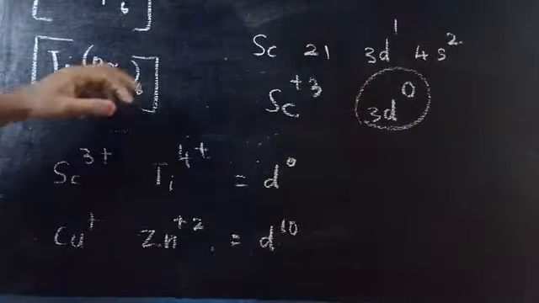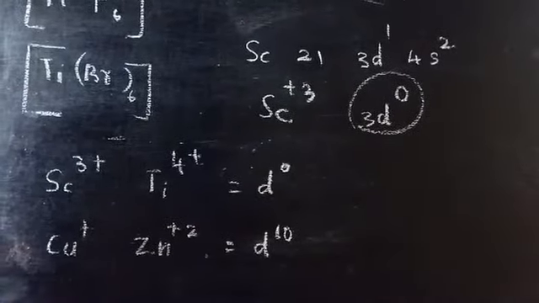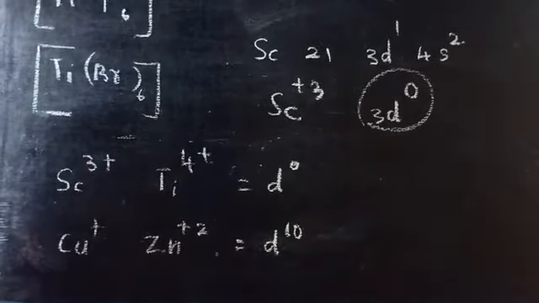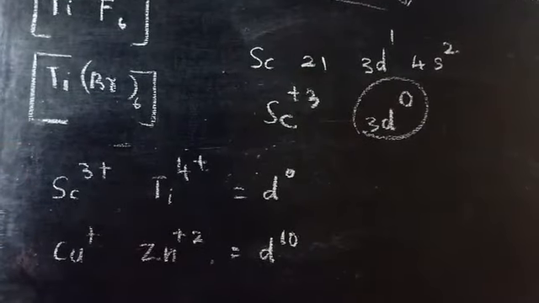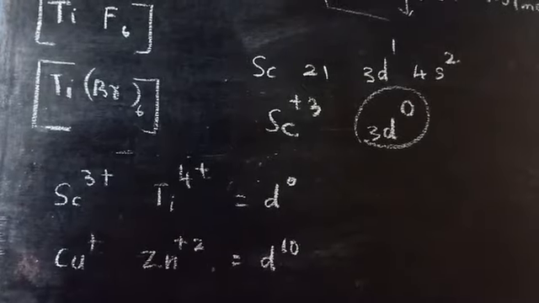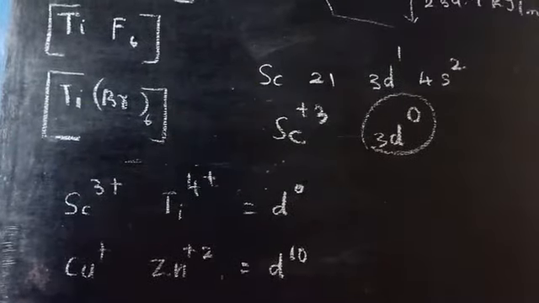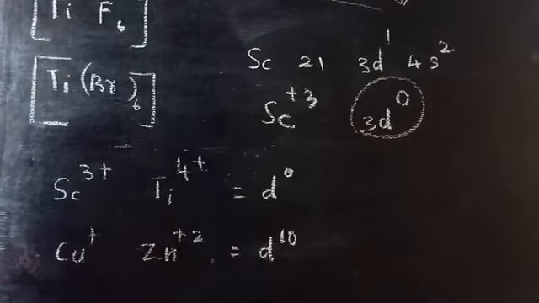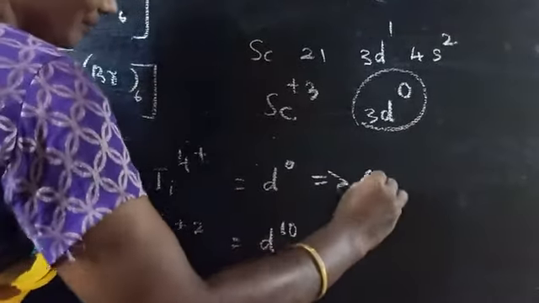Children, now there is no electron in the d orbitals, so no transition. We never expect a transition in the 3d orbital because there are no electrons. So no d-d transition takes place. Only due to the d-d transition is the complex colored. Here there are no electrons in the d orbital, so no d-d transition, so it is colorless.